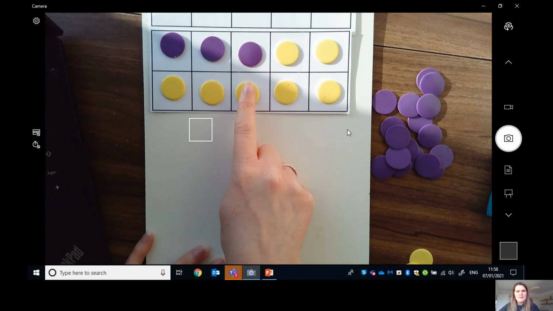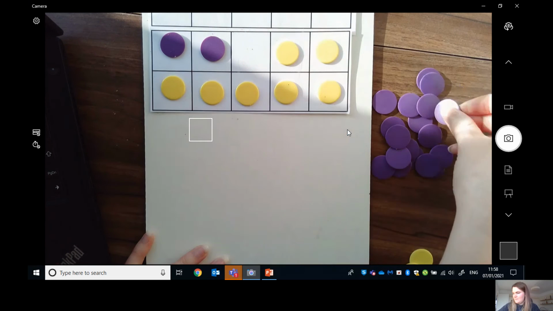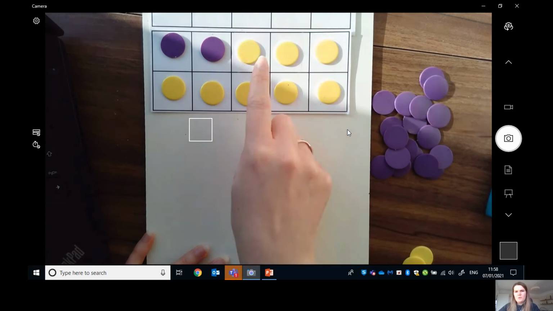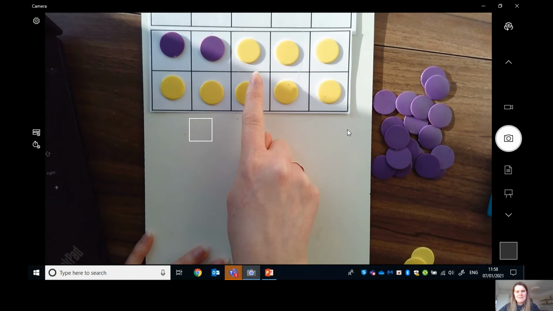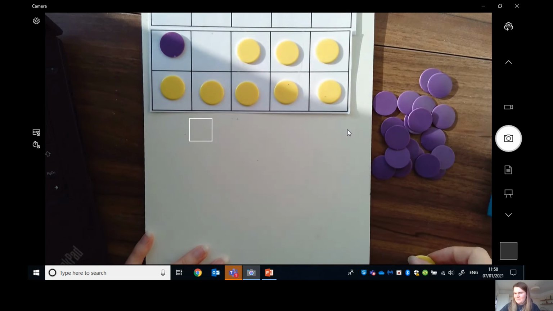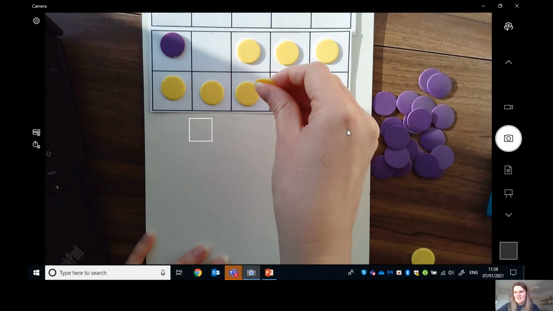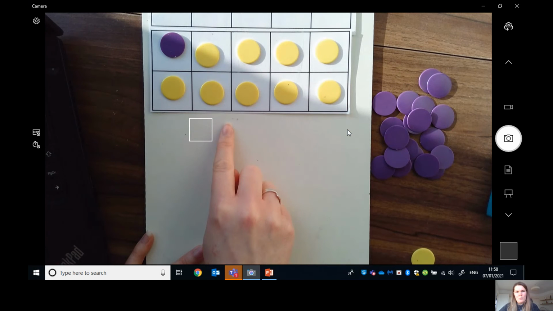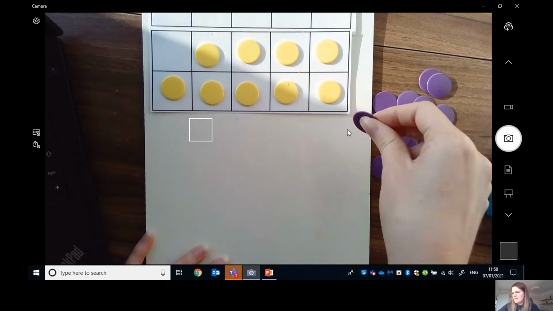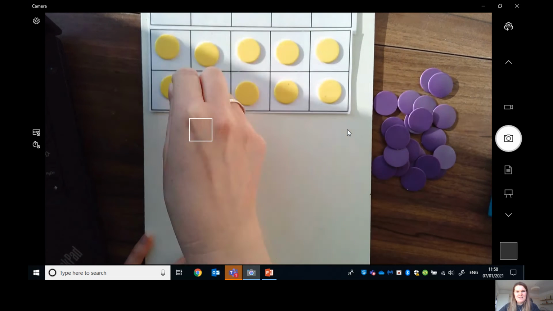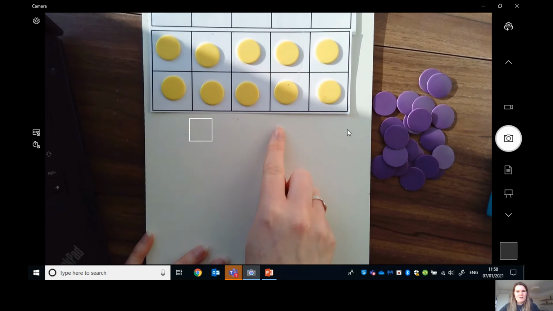And 3 plus 7 is 10. 2 plus 8 is 10. And 1 plus 9 is 10, which leaves us with 10 plus 0, which makes 10.